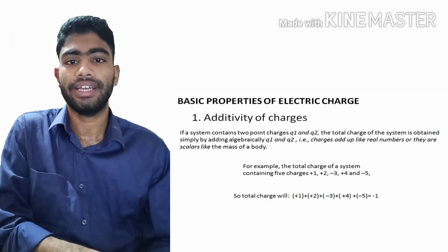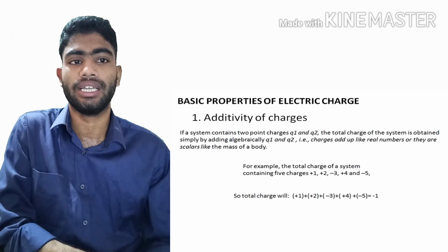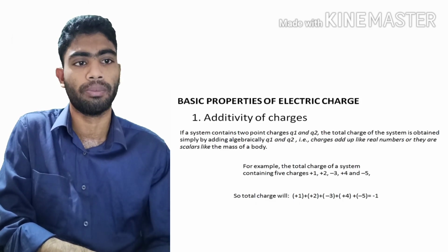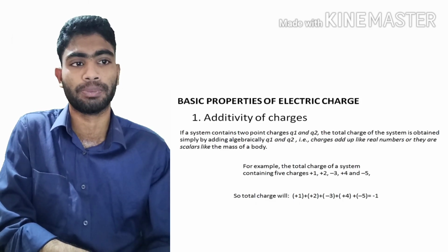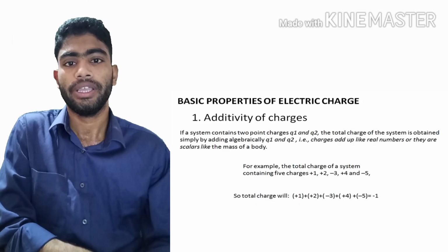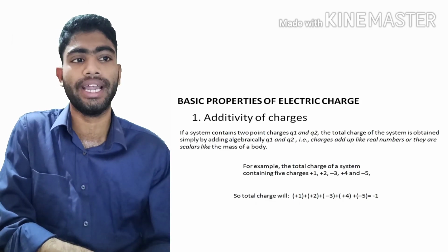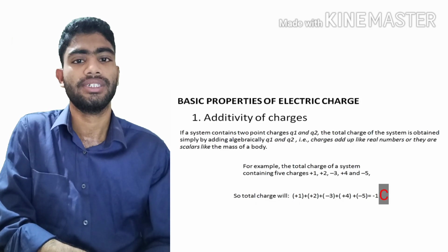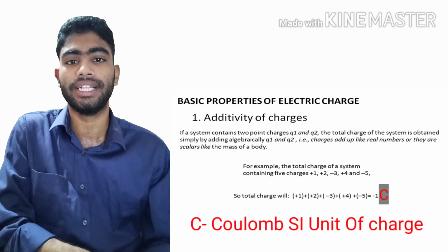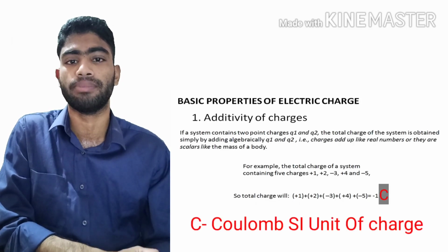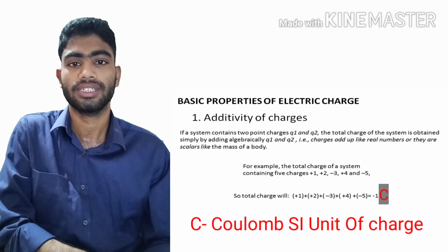So +1 plus +2 plus -3 plus +4 plus -5. If we add all these, we get -1. So we can say the total charge in the system is -1 coulomb.